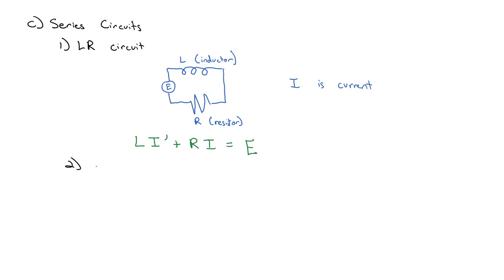Really similar to an LR circuit, it's what's called an RC circuit. An RC circuit has the similar energy in the battery, and it's only going to go through R, which we already know is the resistor. And this time, it's going to go through this thing that's called C, the capacitor.